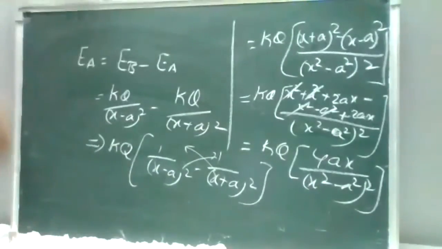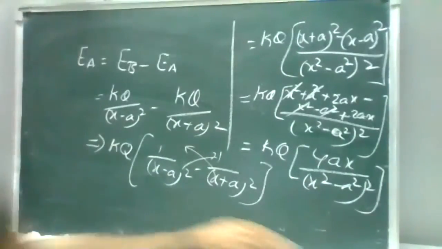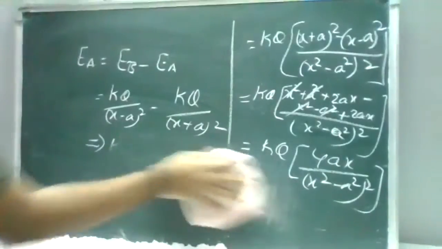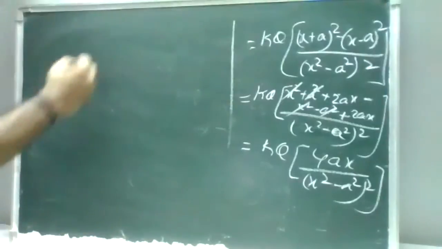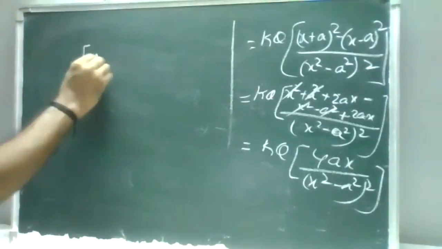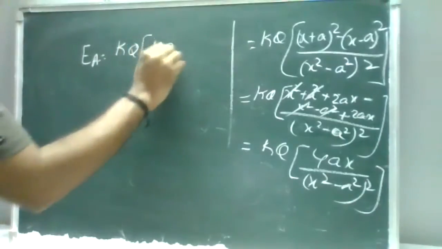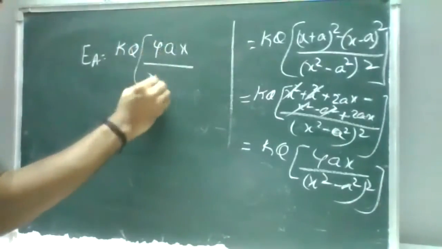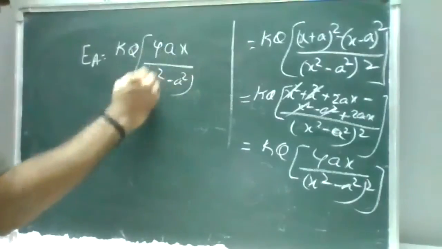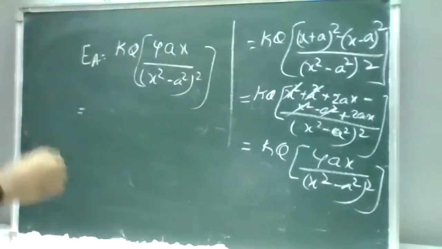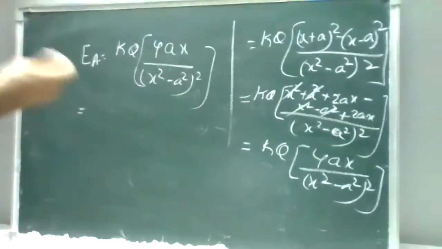Okay, so from this relation, we are going to consider the dipole moment. So E axial is equal to, I'll write the relation here again. E axial is equal to k q into 4ax by (x square minus a square) whole square. Now 4ax we are converting into dipole moment.